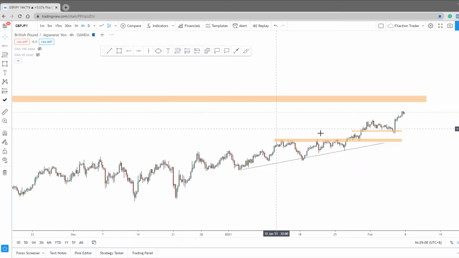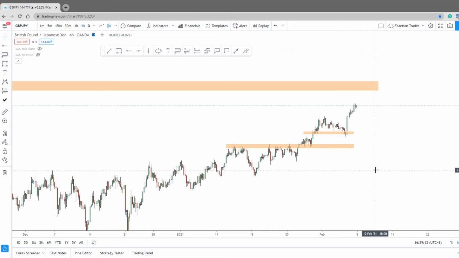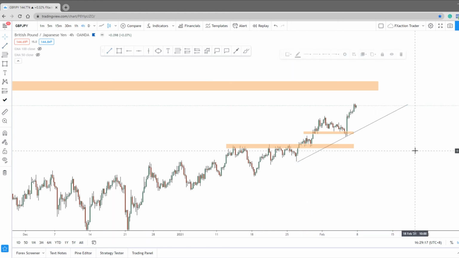So on H4, what we do is that we are just going to wait for a buy signal. Let us make the trend line look nicer.